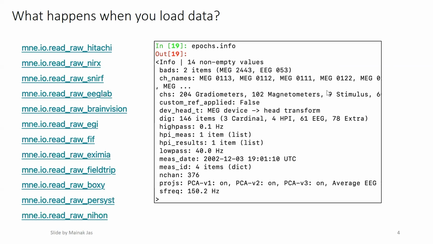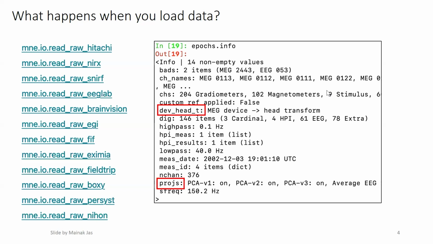This has been built, over the years, for SQUID measurements. I want you to pay attention to two particular elements in our dictionary. One is what's called the dev_head_t, and the other is the proj, or the projection operators.